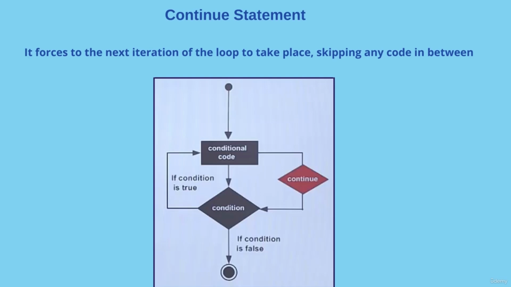Means the loop is continuously getting executed, but meanwhile if there is a continue statement, it will skip the execution of the remaining code of that loop. So let's see practically how we can implement the break and continue statements.